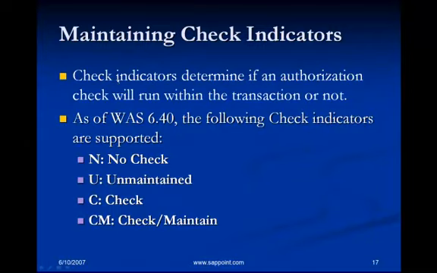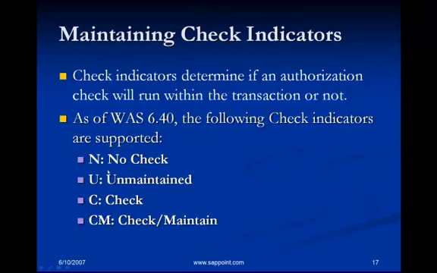Now, check indicators determine if an authorization check will run within the transaction or not. As of WAS 640, the following check indicators are supported. In WAS 7, for example, you don't have these check indicators anymore. What you have is yes or no kind of indicators.